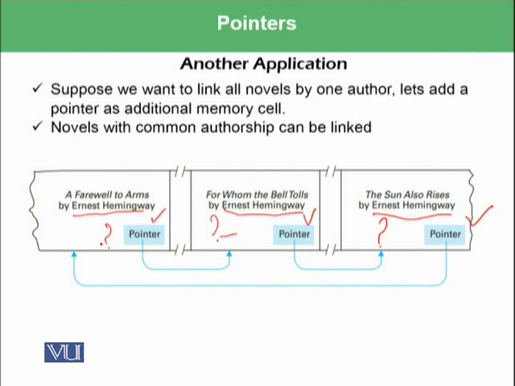So this means if you come across this novel, you can traverse using this pointer to this, and using this pointer to this, and again using this pointer to the same location. So this means all of the novels written by the same author have been linked together in the RAM.